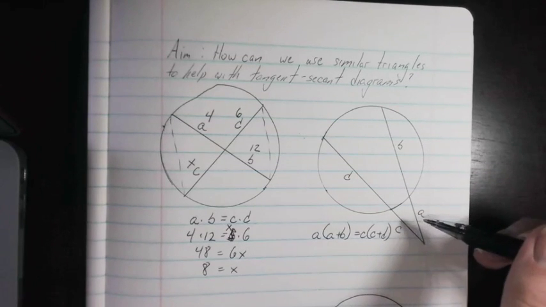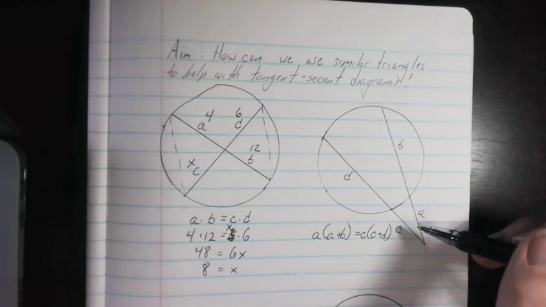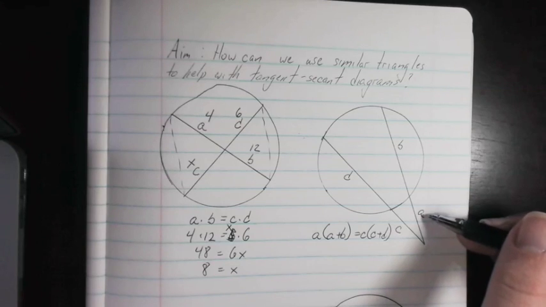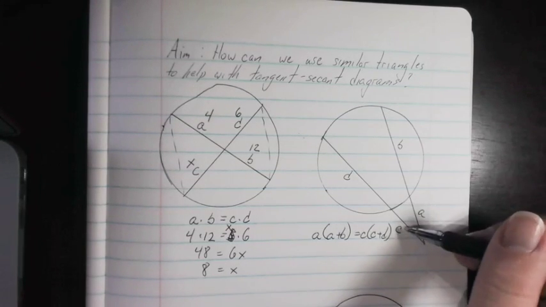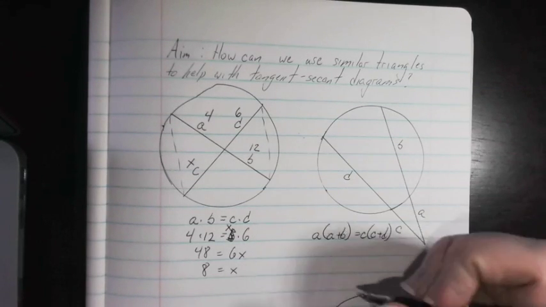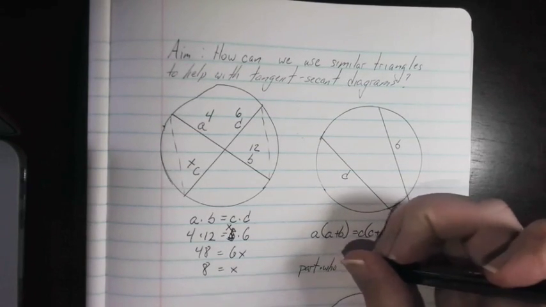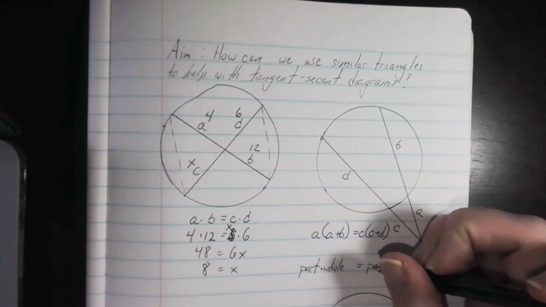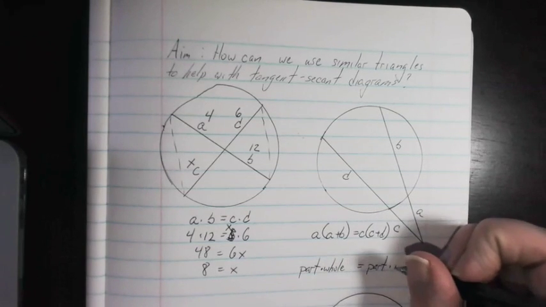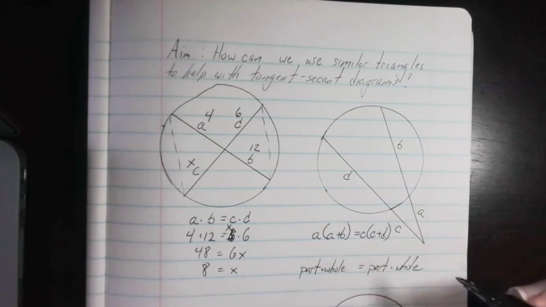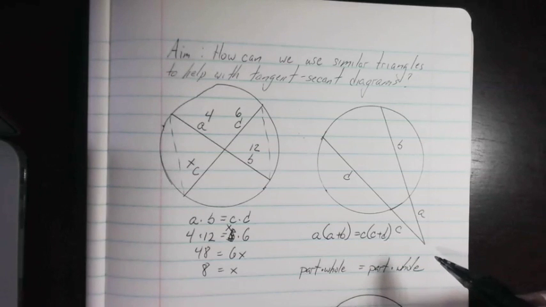Now, the reason that it has to be this is because we're doing the part times the whole, the part times the whole. I'm going to write that here. Part times whole is equal to part times whole. Alrighty, let's give this a shot.